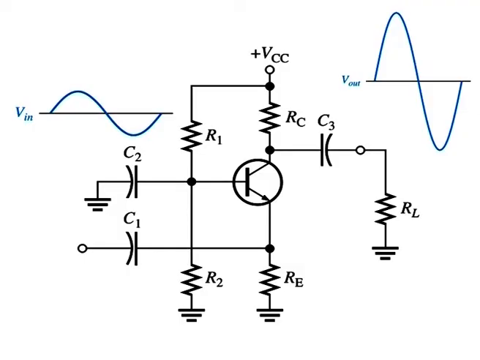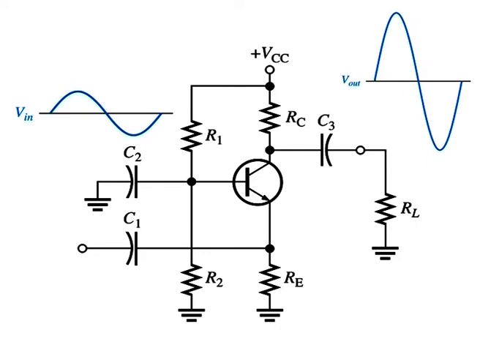After completing this section, you should be able to analyze the operation of common base amplifiers, determine its voltage gain, explain why there is no phase inversion, and determine output resistance, current gain and power gain. A typical common base amplifier is shown in the figure here.